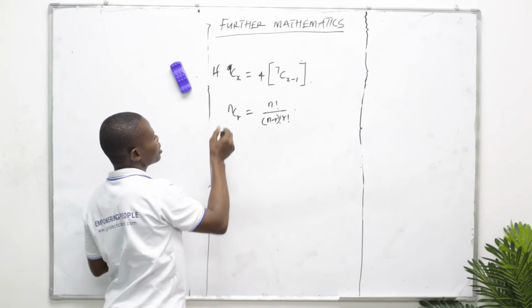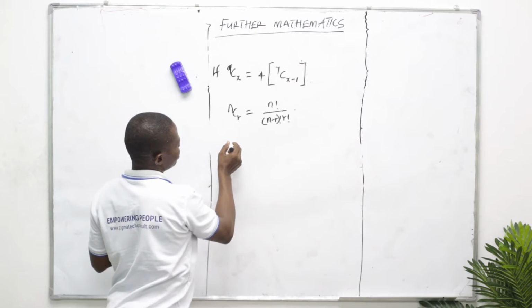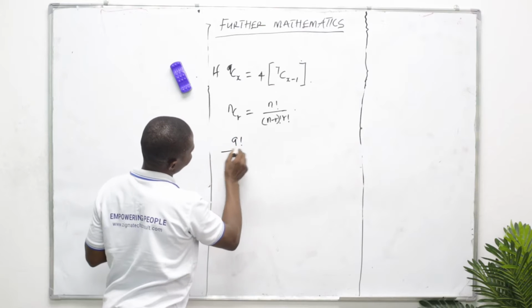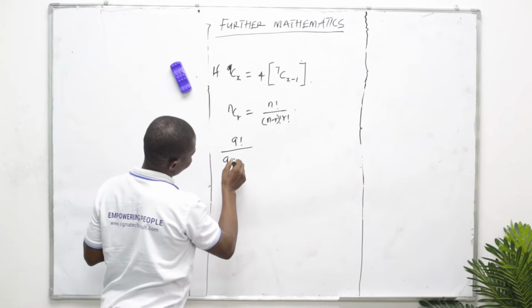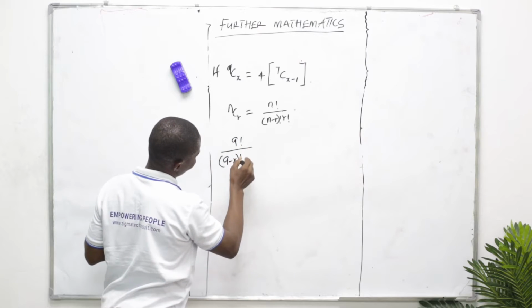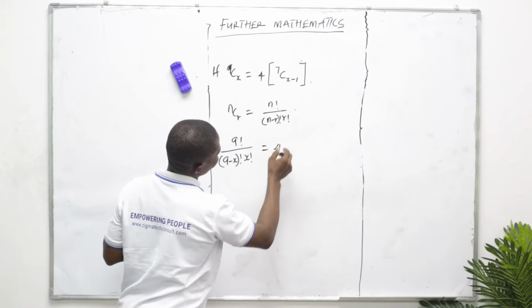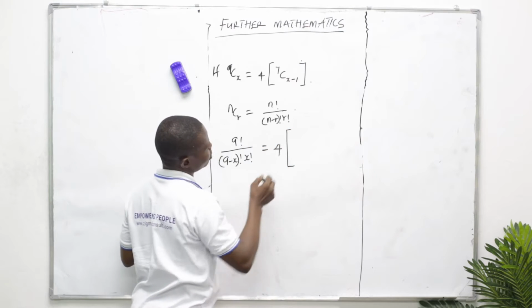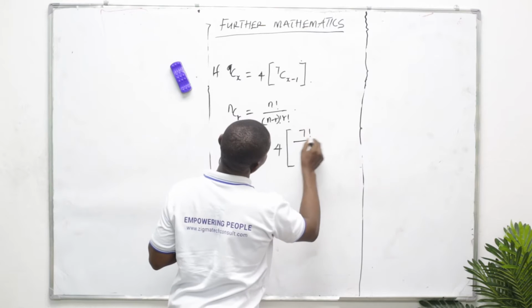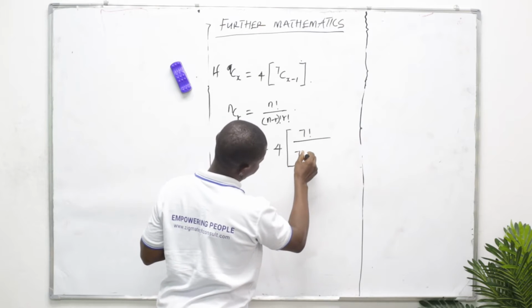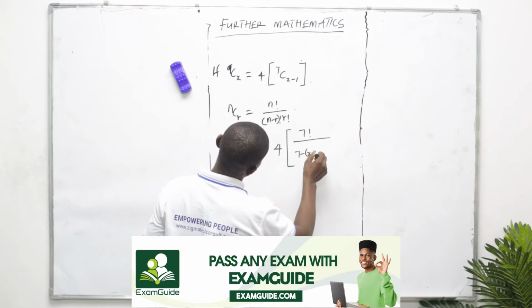So, following this, left-hand side, 9 factorial all over 9 minus s factorial into s factorial equals 4, open the bracket, 7 factorial all over 7 minus bracket s minus 1.